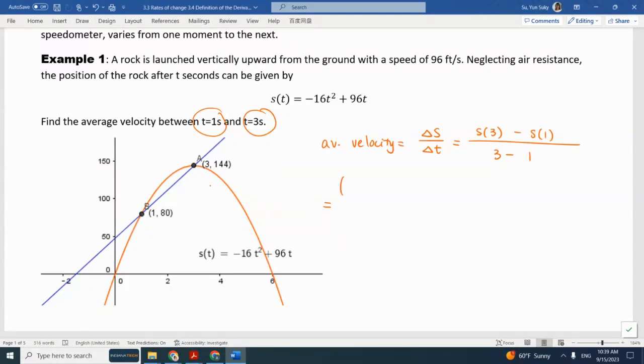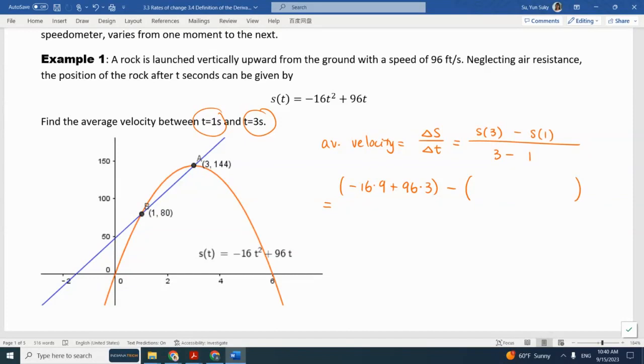So s of 3, let's put it here. Okay, so plug in the formula. Negative 16 t squared becomes what? t squared, you plug in t is 3. 3 squared is 9. Right, everybody? So negative 16 times 9, plus 96 times 3. Minus s of 1.